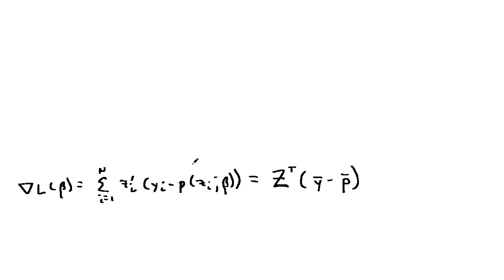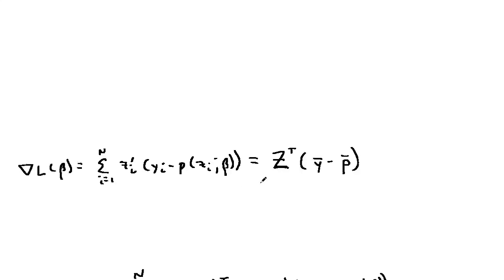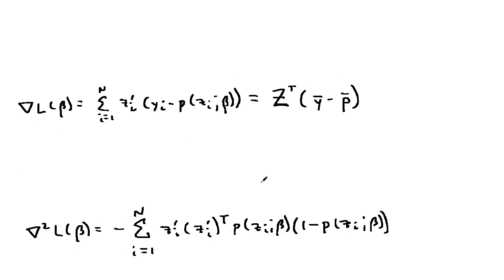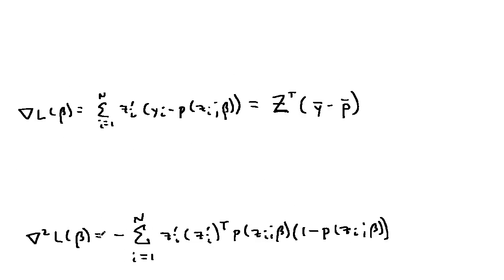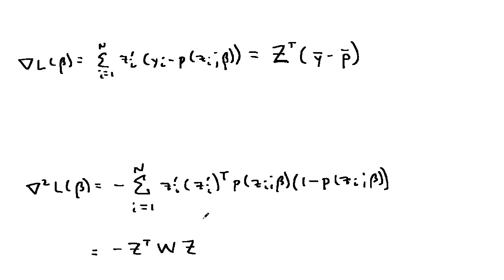Then the gradient of L is given by this, and that's just equal to Z transpose times y minus p. The Hessian is given by this formula, and we can rewrite that as negative Z transpose WZ.